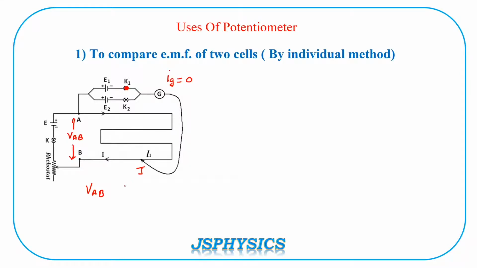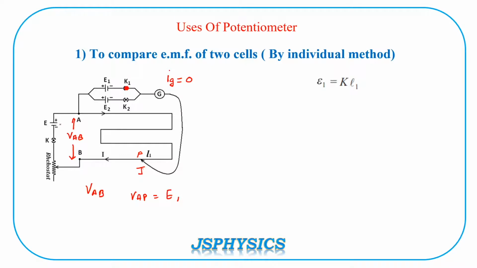IG will be 0. When galvanometer shows 0 deflection, that means the potential between those 2 points, let us say point P, the potential difference VAP is equivalent to EMF of the cell E1. In that case, the cell doesn't draw any current from the circuit. So in that case, we can apply the principle of potentiometer to write E1 is equal to KL1.